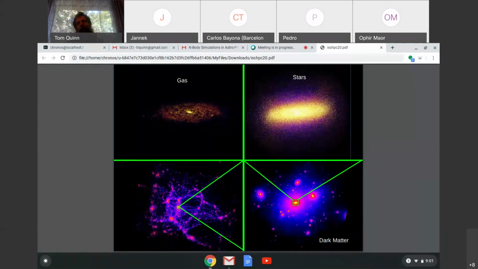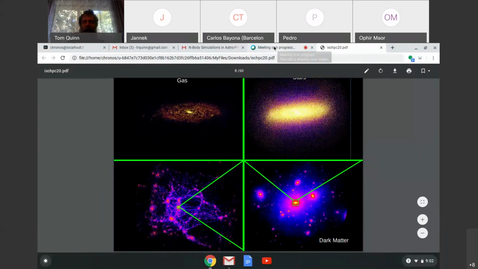So again, we're not simulating a particular galaxy, we're simulating a statistical representation of a galaxy. Okay. Yeah, very good question. Thank you.